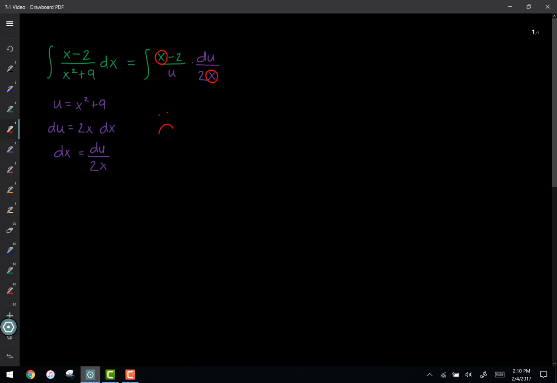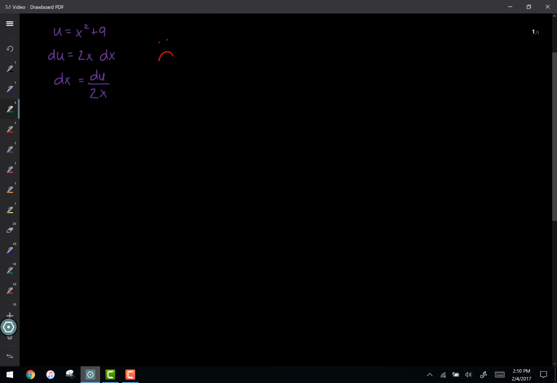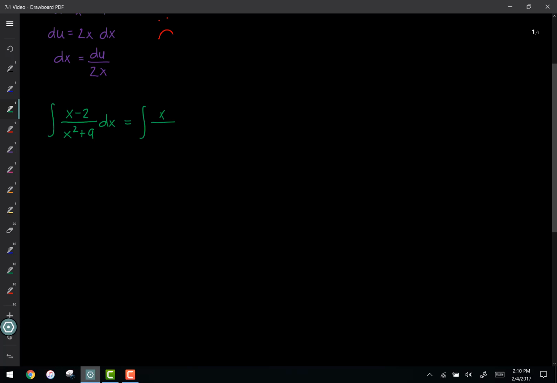Now since the subtraction of 2 is messing us up, why don't we just break apart our integral into 2 separate integrals and see if that will enable us to solve those integrals. All I did is forget my dx.